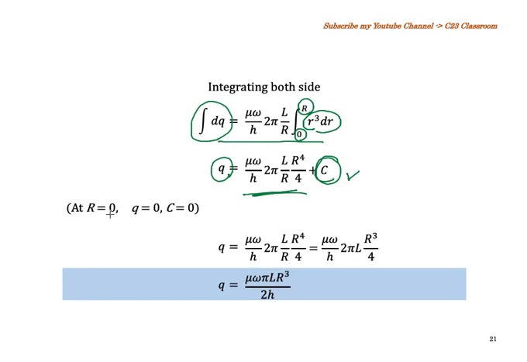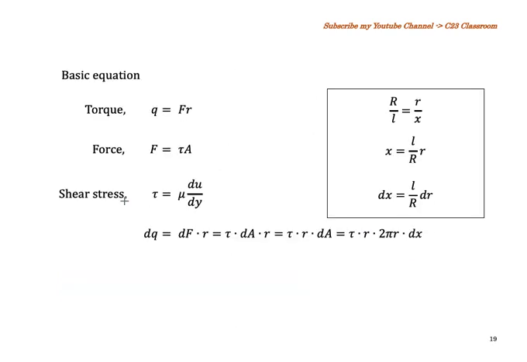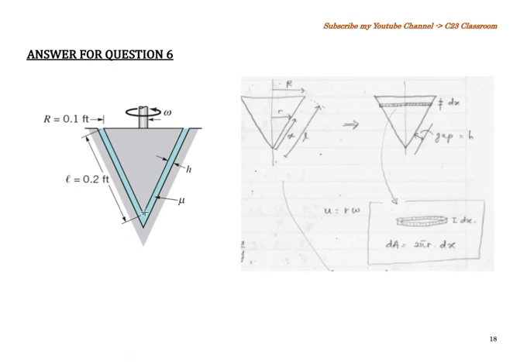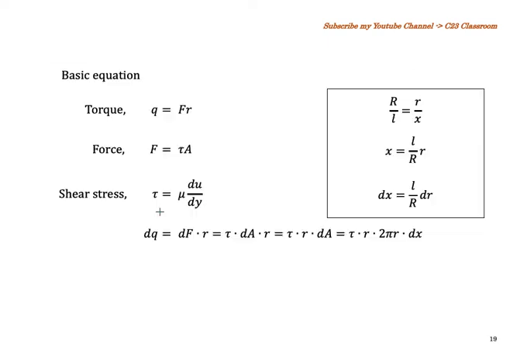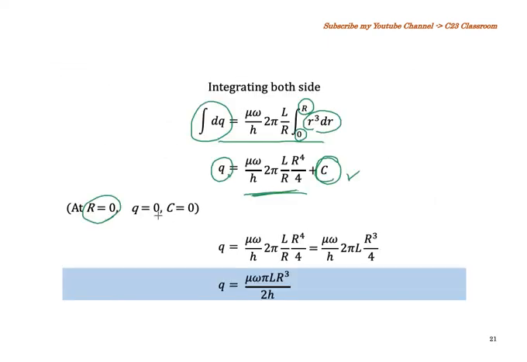We assume that at r equal to 0, there is no torque, because at this point the radius is 0. So the value of C is equal to 0.